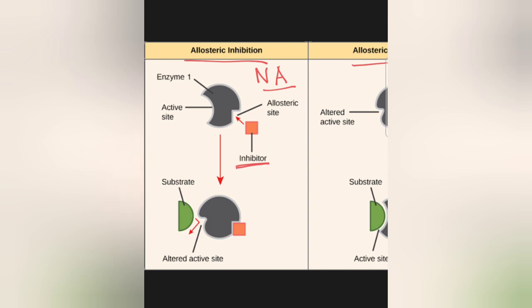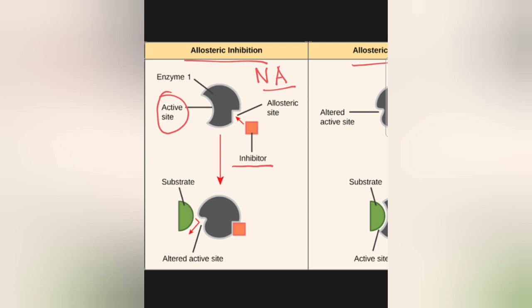So what will it stop? First, this inhibitor will bind with the enzyme at the allosteric site, right? This is the allosteric site and it will bind with it, and then it will change the active site of the enzyme in such a way that the enzyme is unable to bind with the substrate further.